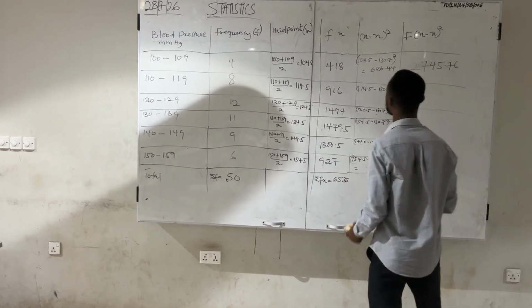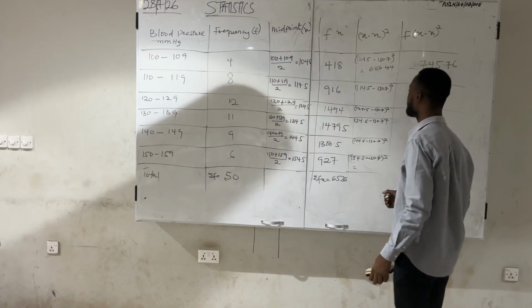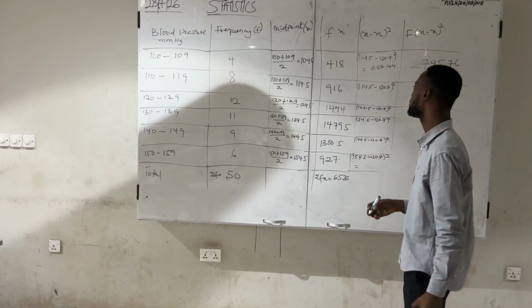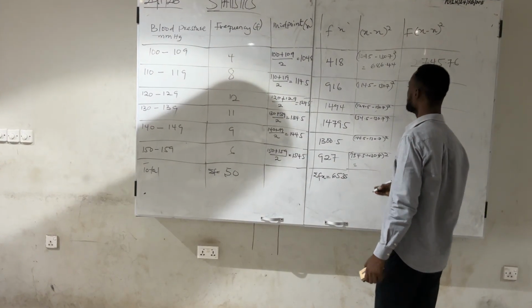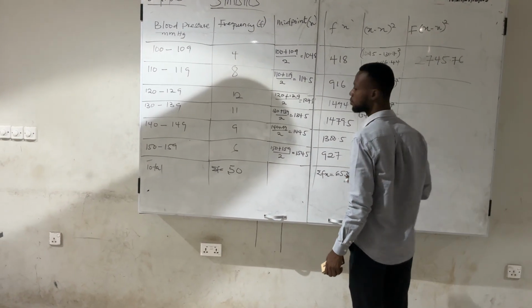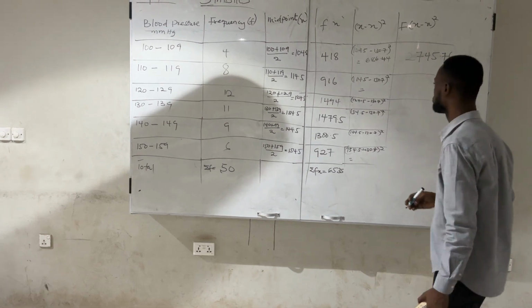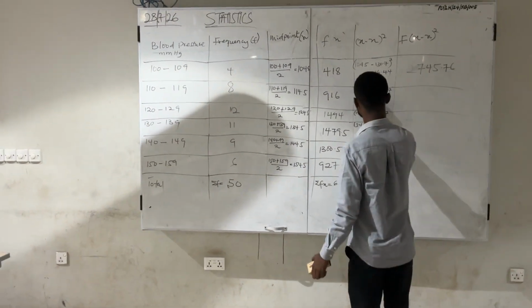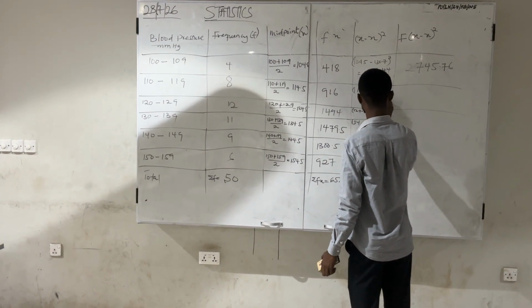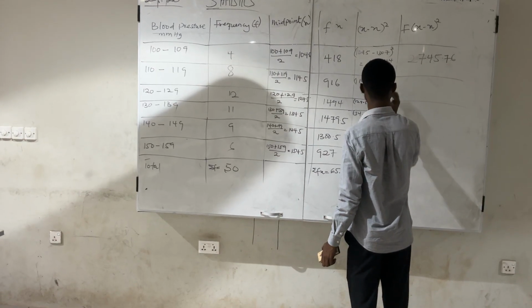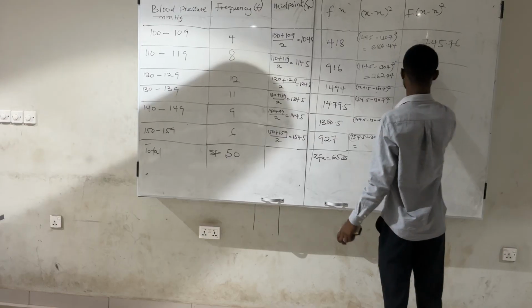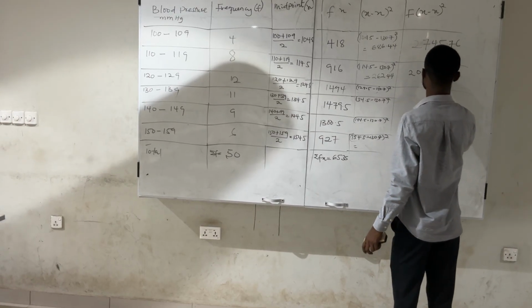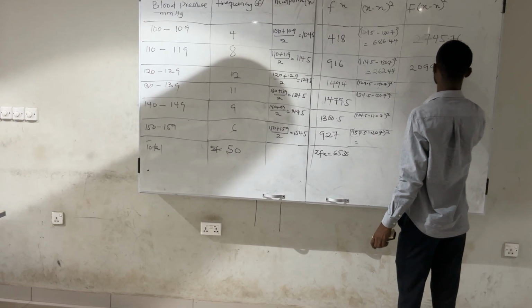Then the next one, 114.5 minus 130.7 squared is 262.44. 262.44 multiplying 8 gives 2099.52.